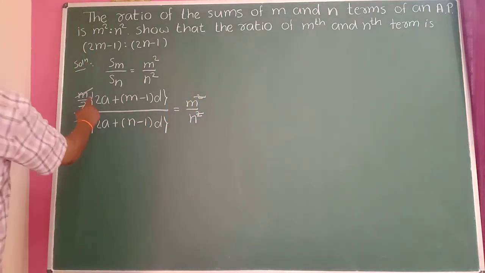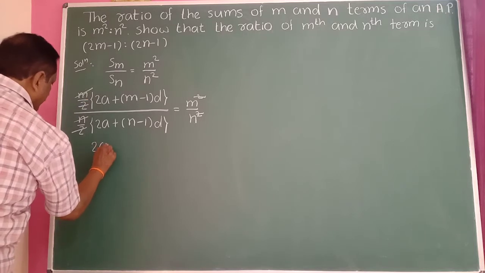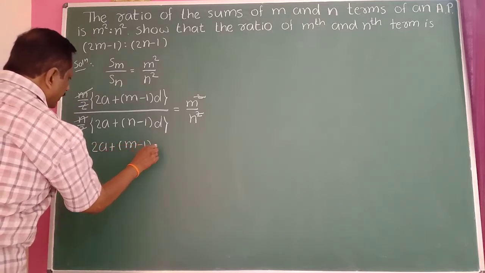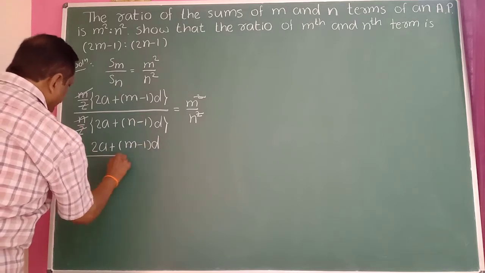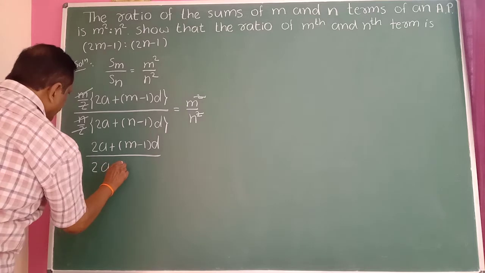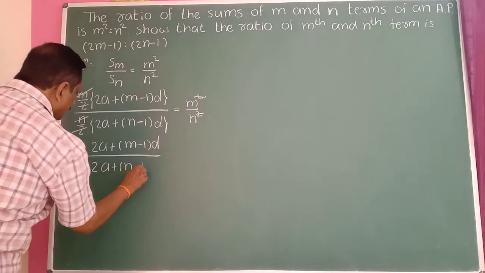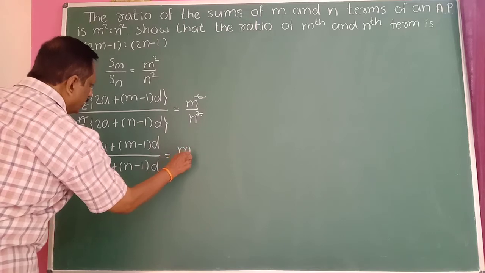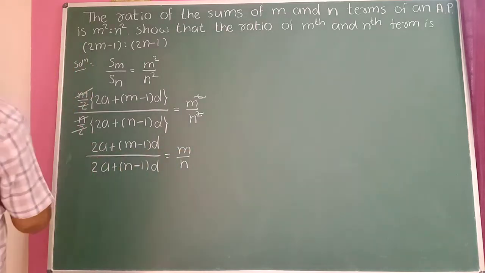Therefore 2a plus m minus 1 into d divided by 2a plus n minus 1 into d is equal to m divided by n.